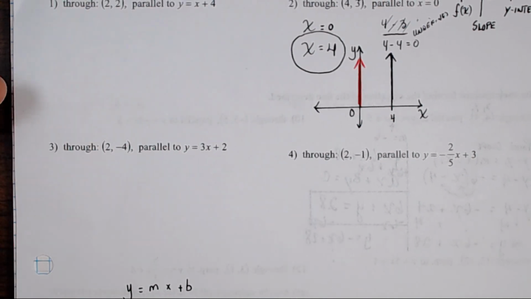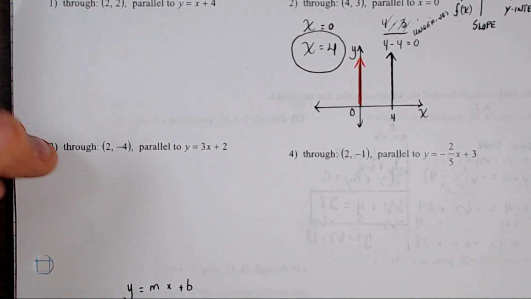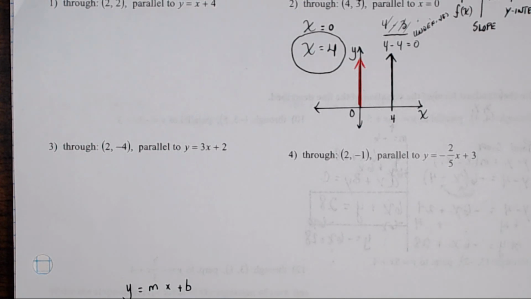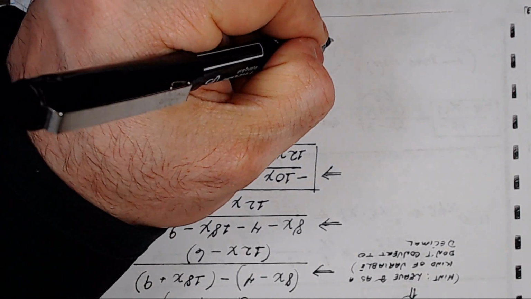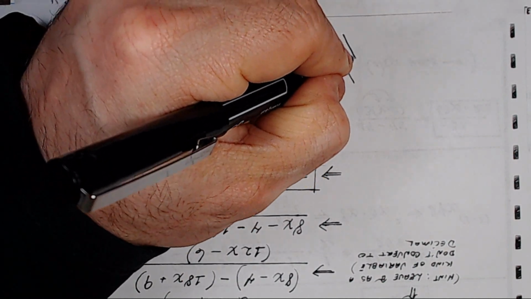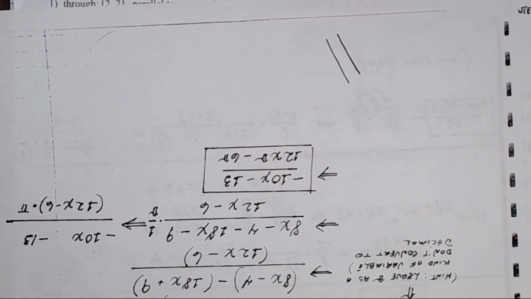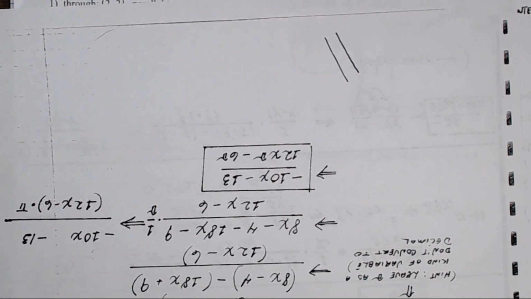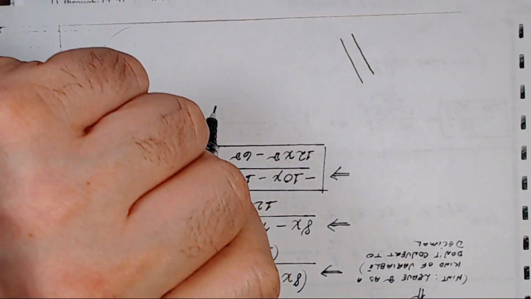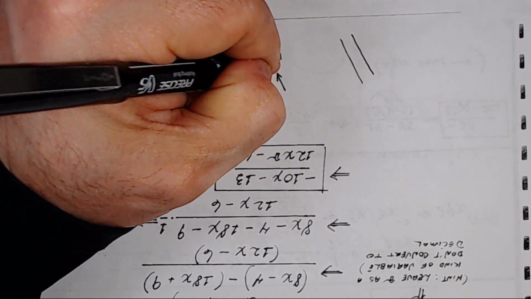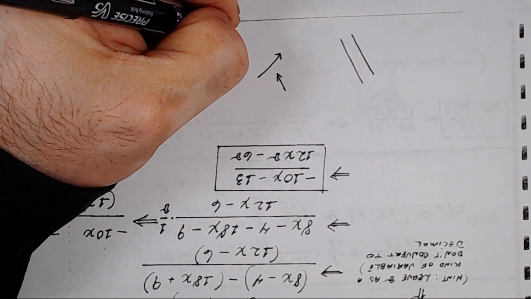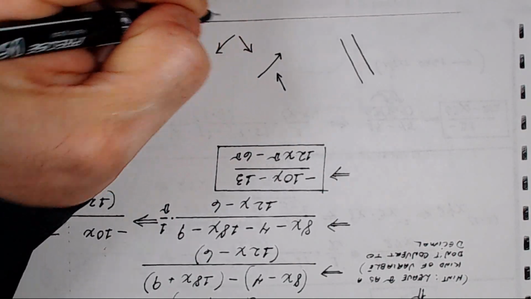If I have two lines and I want them to be parallel, let's use a piece of scratch paper here. If I have two lines that need to be parallel, like this and this, they have to share something in common. And that thing that they share in common is something that these two lines do not share in common, and that these two lines do not share in common.